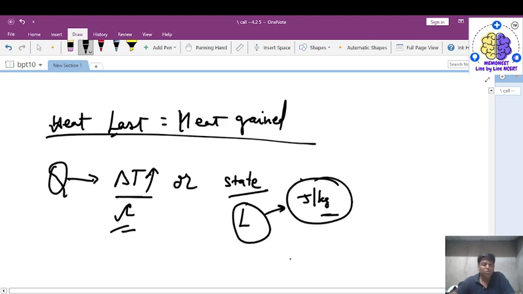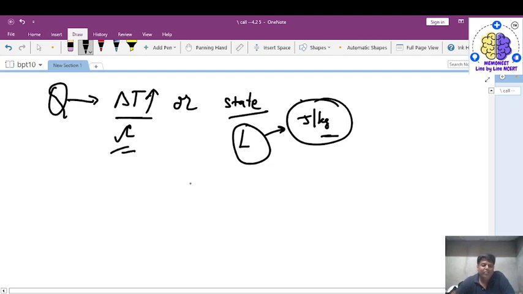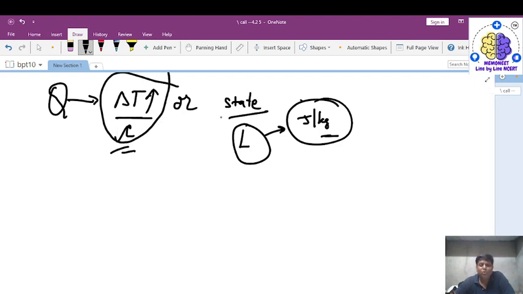Because note the statement which I say: whenever there is a change in temperature, there will be no change in state, and whenever there is a change in state, there will be no change in temperature. Suppose we are supplying heat to a solid substance.